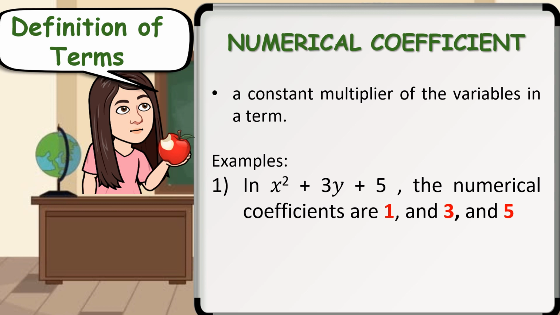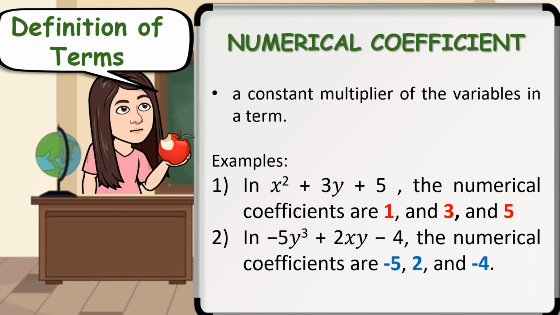Note that if you don't see any number in front of the literal coefficient, the numerical coefficient will always be 1. Example number 2. In negative 5y cubed plus 2xy minus 4, the numerical coefficients are negative 5, positive 2, and negative 4.